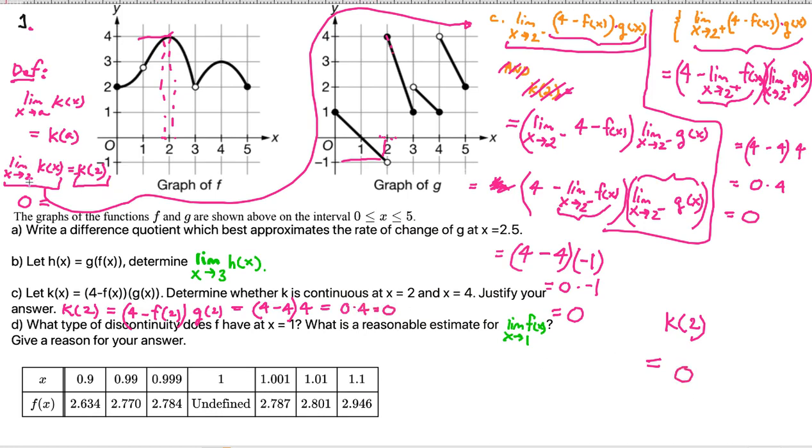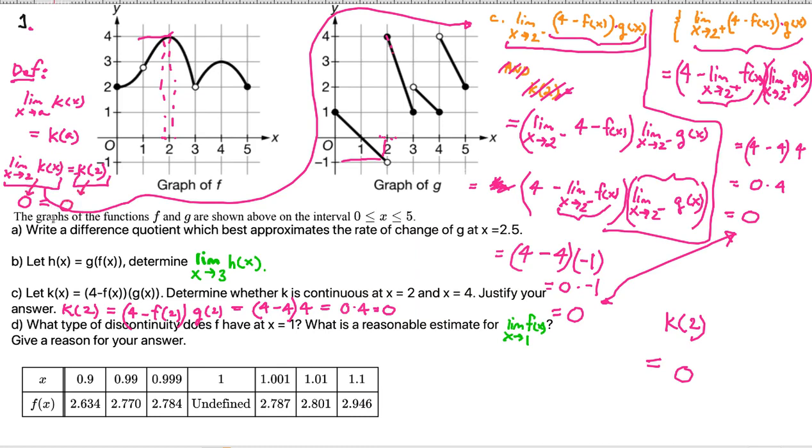So I have the left-hand side of the equality being 0, because the left-hand limit equaled the right-hand limit as 0. And if the left-hand limit equals the right-hand limit, then the limit itself equals that value, which in this case is 0. So I have the limit as x goes to 2 equaling 0, and I just found out that k of 2 equals 0.